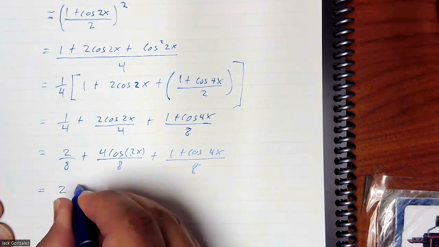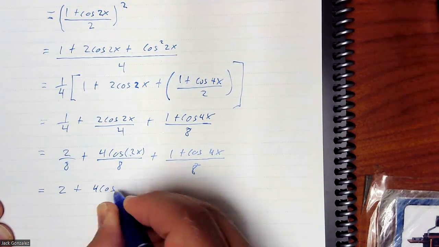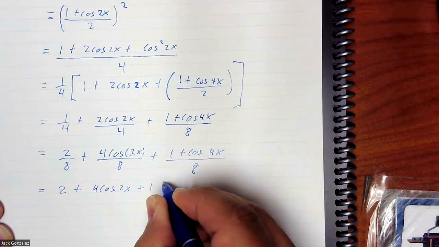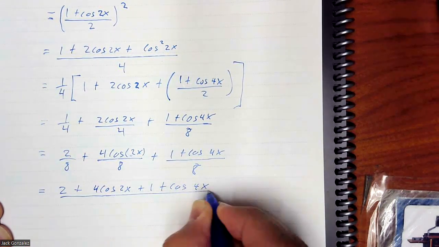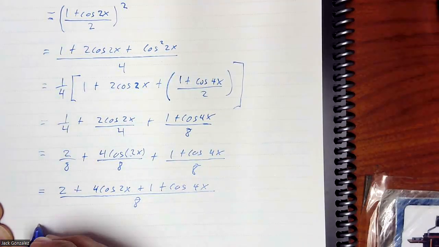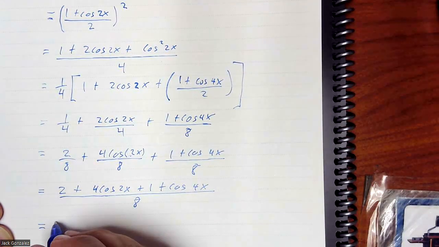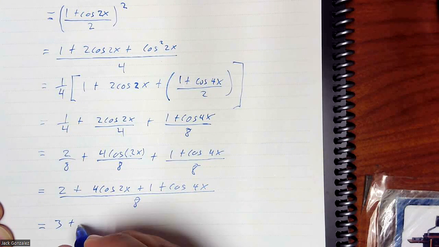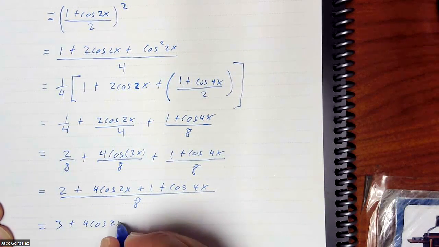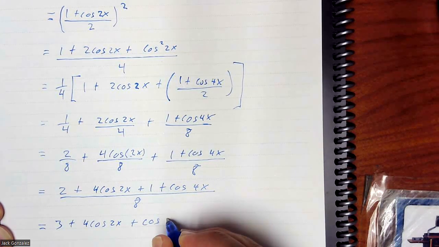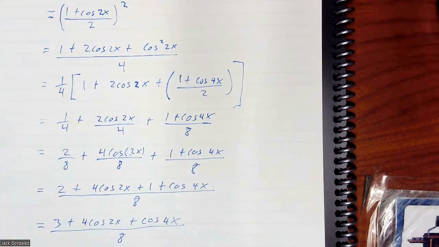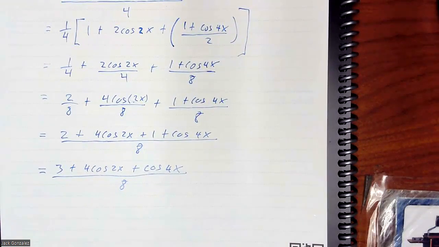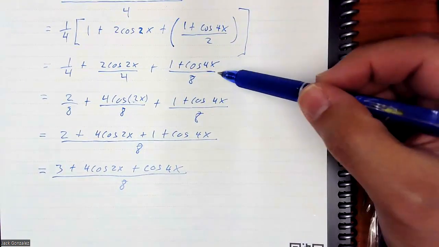You will get 2 plus 4 cosine 2x plus 1 plus cosine 4x over 8. 2 plus 1 is 3, plus 4 cosine 2x plus cosine 4x, all over 8. This is as pretty as you're gonna get. If you stopped here, I would have been fine.